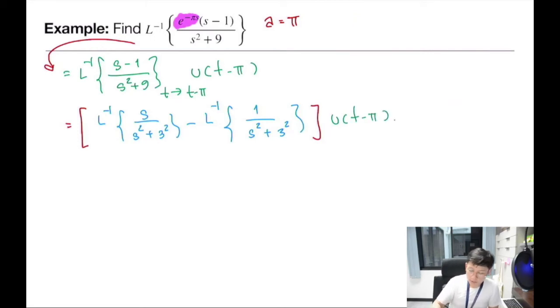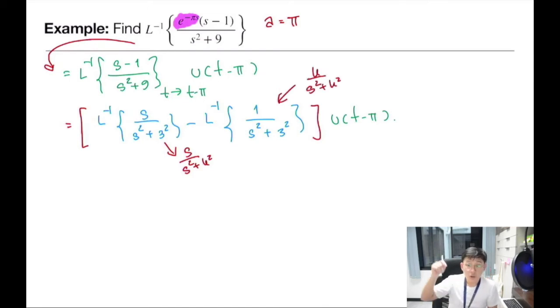Okay, but guys, here it's quite clear that it's s divided by s squared plus k squared. Here it's quite clear that it's k divided by s squared plus k squared. But you don't have k yet, right? So you need to multiply by k divided by k. Which means that I'll put k here and I'll put 1 over k here.